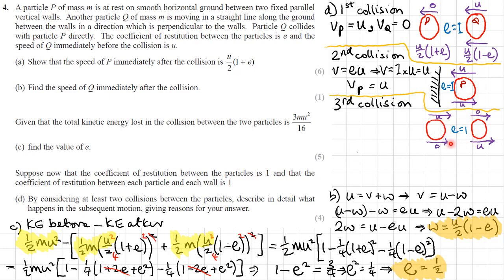So P rebounds at a speed of u towards Q, which is at rest. That was the at rest part here. And then again, working out v is equal to eu, P will now be at rest and Q will move off with speed u.